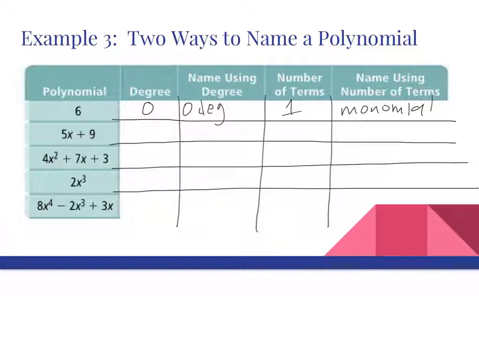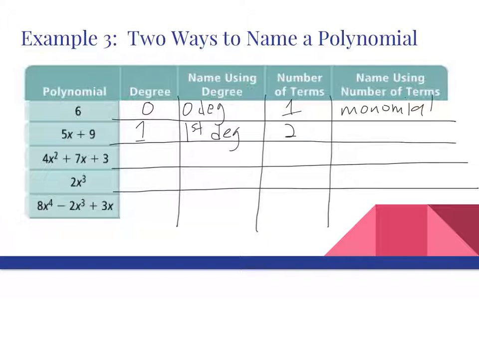The next case is 5x plus 9. We have 2 monomials. The larger exponent is 1, so 1 is the degree, so we call this a first degree polynomial. Number of terms is 2.